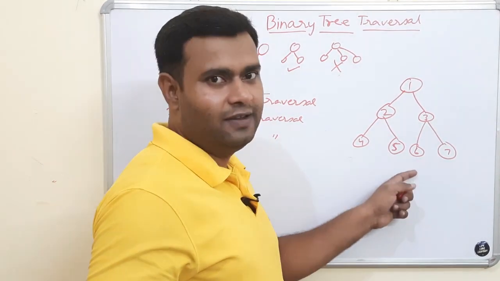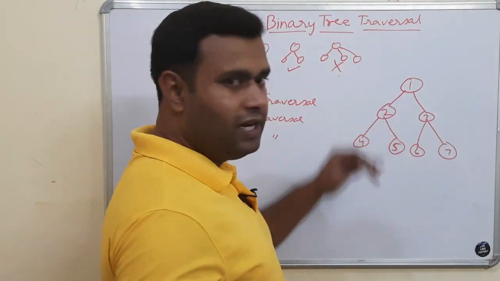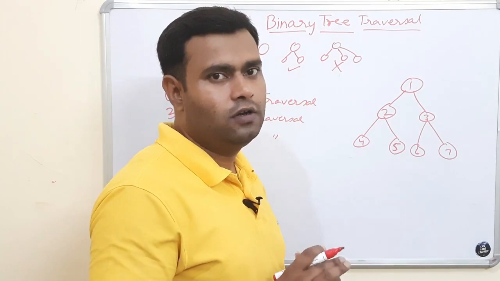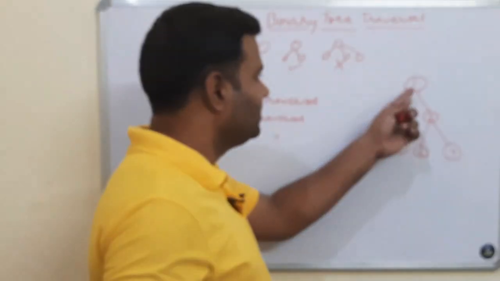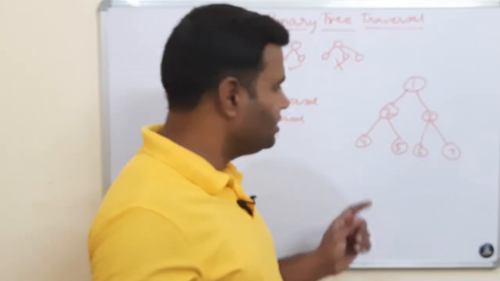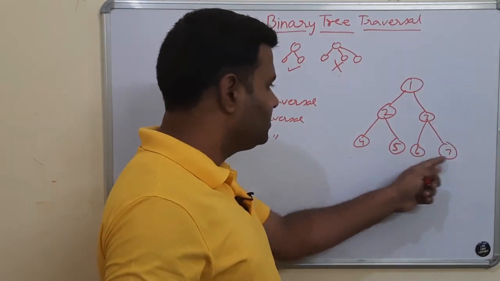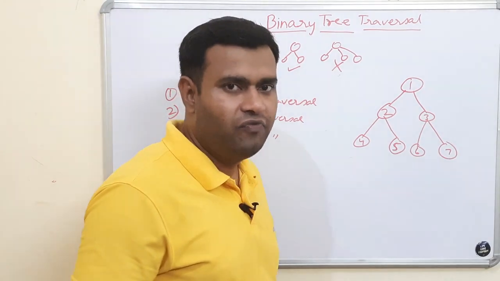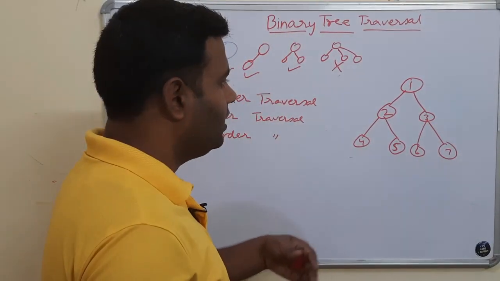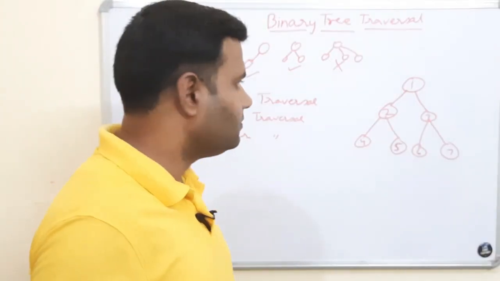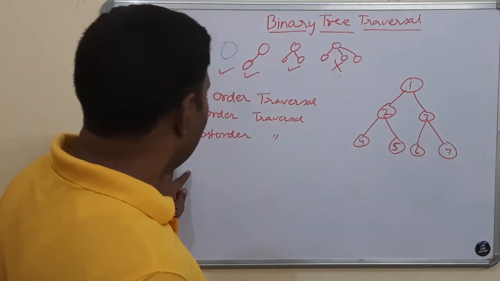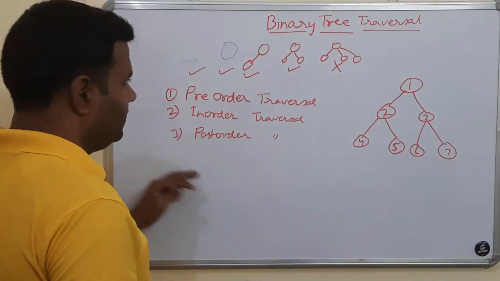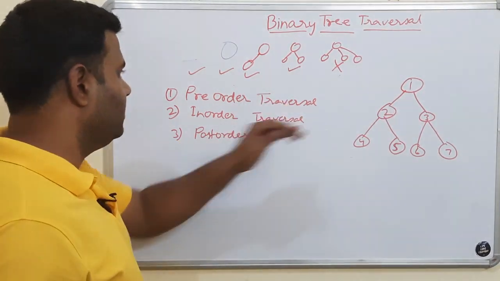It's called a complete tree, because a complete tree is a tree where every node either has two children or no children. So in this, 1, 2, 3 have two children, and 4, 5, 6, 7 have 0 children, right? So we have given a name to such a tree as a complete tree. Now let's see the definition and how the traversal occurs.